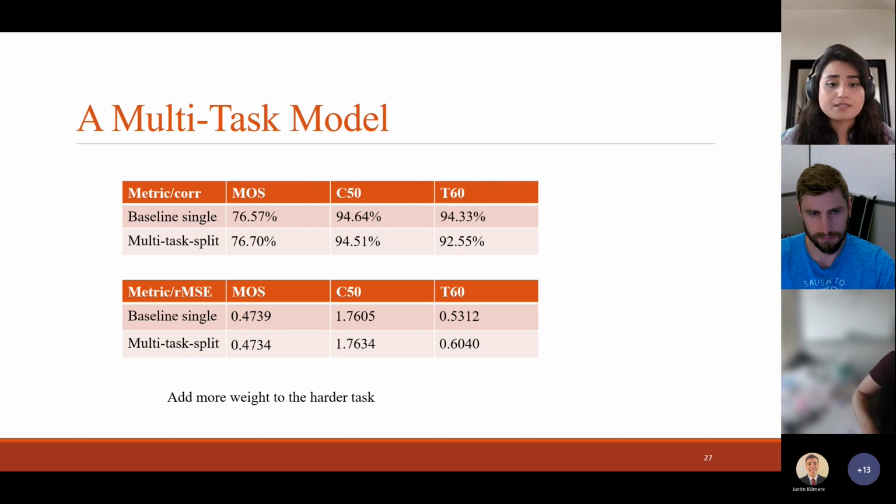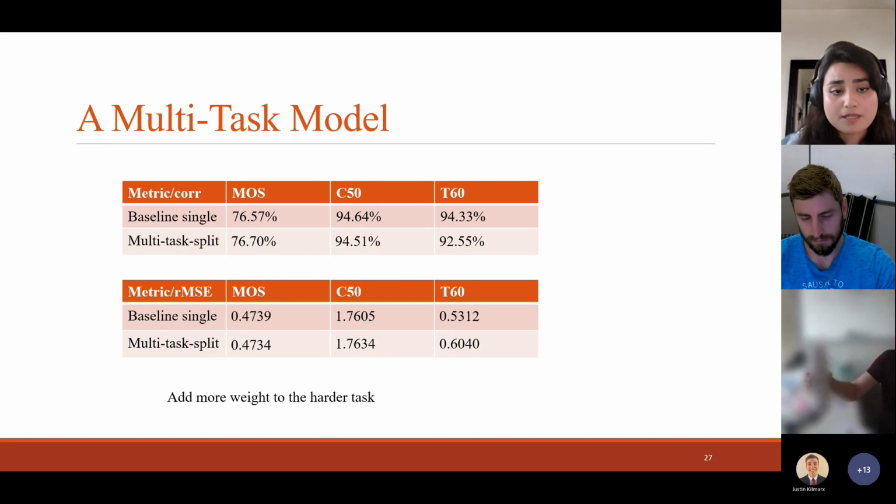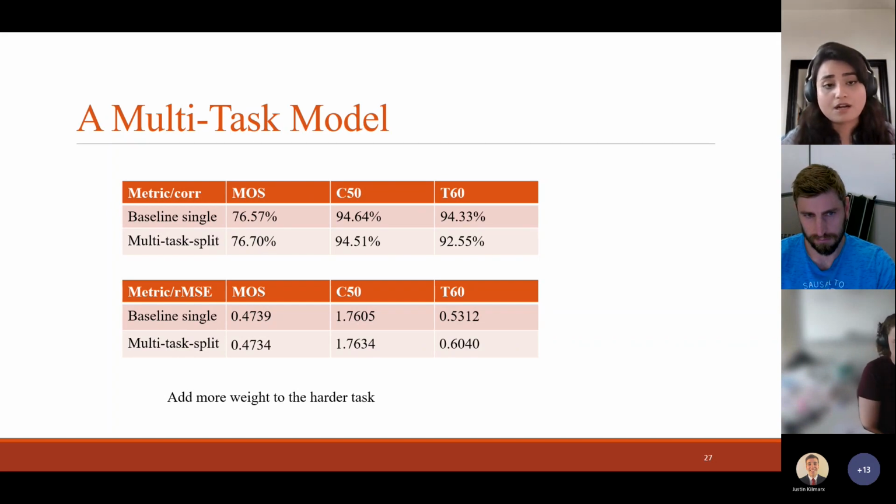The next thing we tried was that, as we speculate that the hard task gets the most degradation, we applied a weighting to the MOS label, which was getting the lowest performance. With this weighting, the multitask split model could reach the performance of the baseline single task, although we can see a little bit of decrease in other tasks as we have a very high weight on the MOS label.